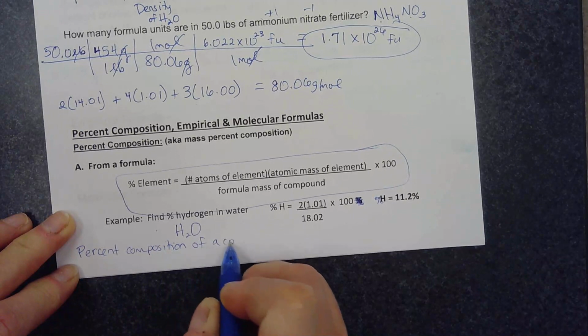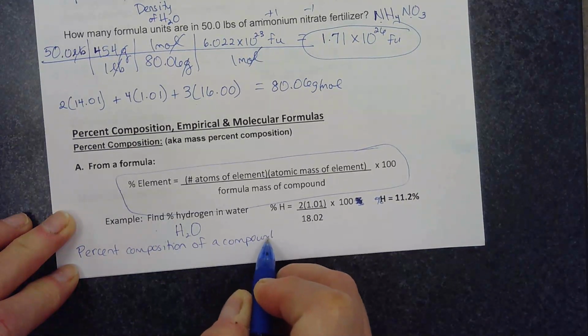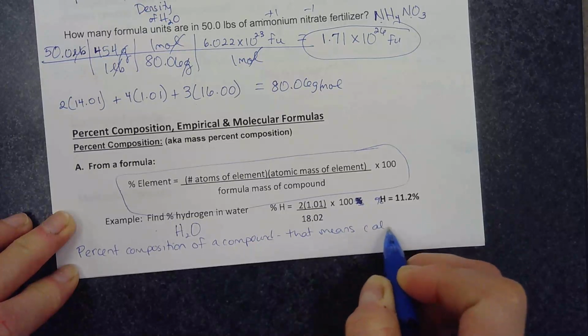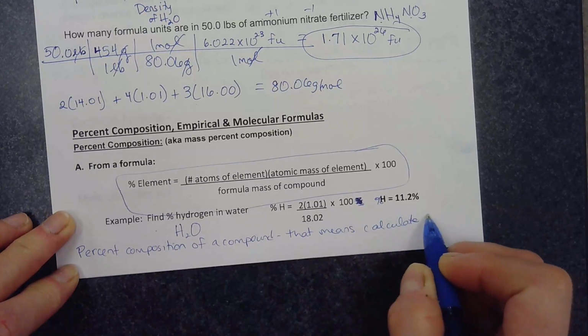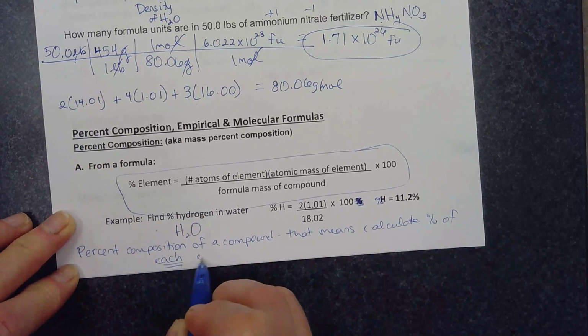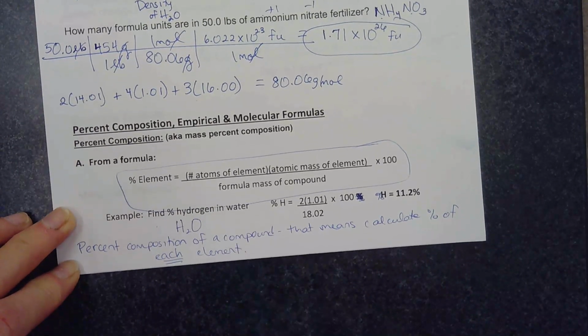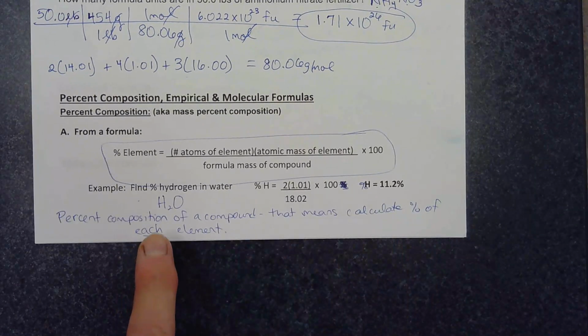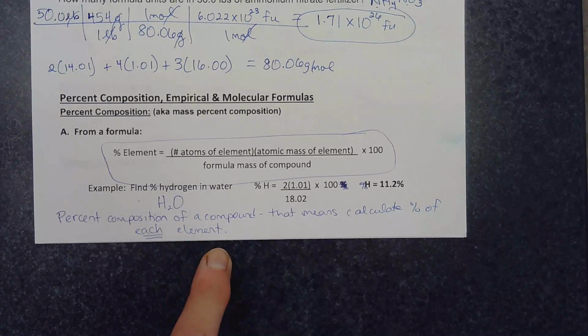Now, if I ask for simply percent composition of a compound, that means calculate the percent of each element. So if I say to you, find the percent composition of a compound, then that means calculate the percent of each element.